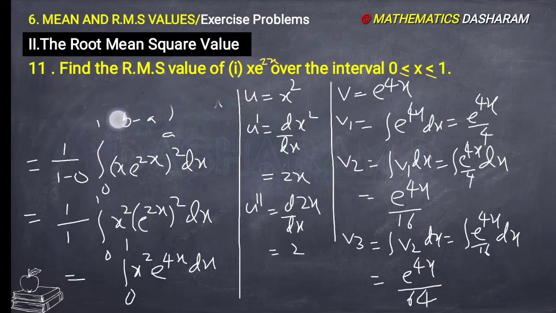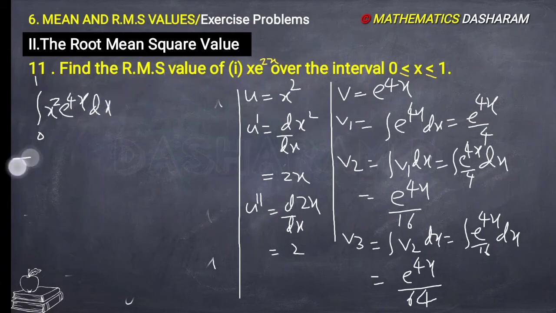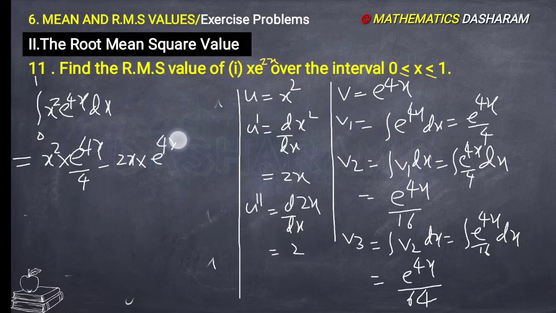Now let's apply the Bernoulli's rule. So integration 0 to 1 x square into e power 4x dx equals, first u into v1, u is x square and v1 is e power 4x by 4, minus u dash into v2, u dash is 2x and v2 is e power 4x by 16, plus u double dash into v3, u double dash is 2 and v3 is e power 4x divided by 64.